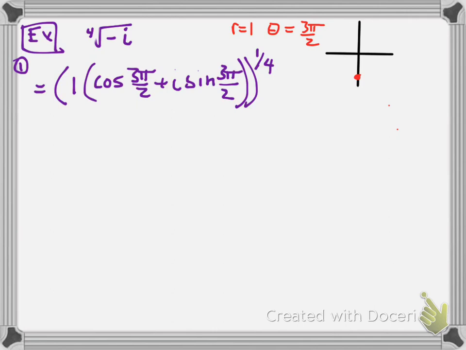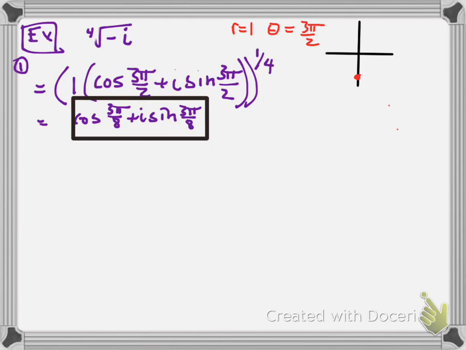Now that's going to give us an unfriendly number. Cosine of 3 pi over 8 plus I times the sine of 3 pi over 8. We could get a decimal approximation for that number, but that's not one of our special angles, so we're just going to leave it alone.